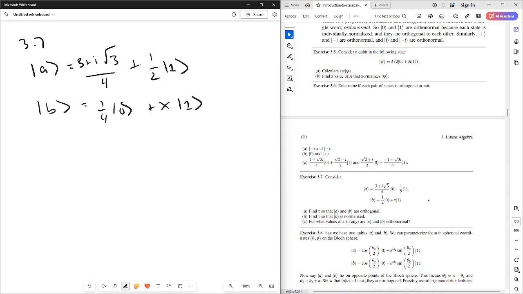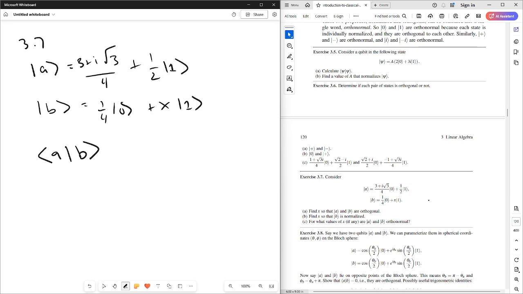They want us to find x so that A and B are orthogonal. If they're orthogonal, we know that their inner product is 0. So we just simply need to solve for 0. We'll find the inner product of A and B.